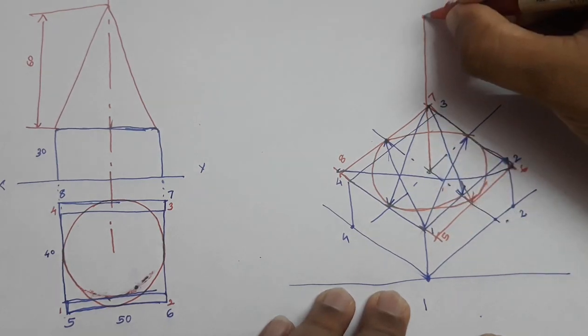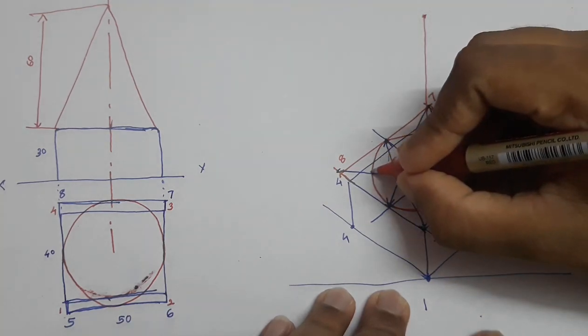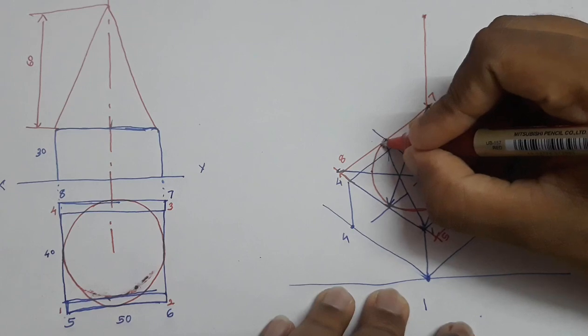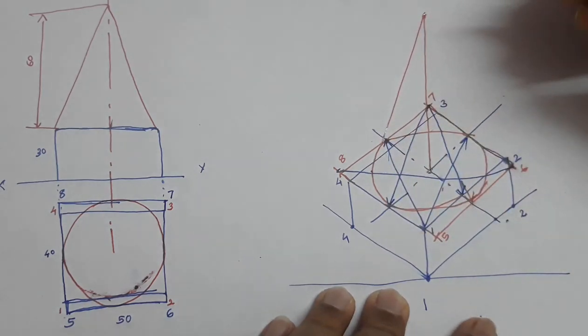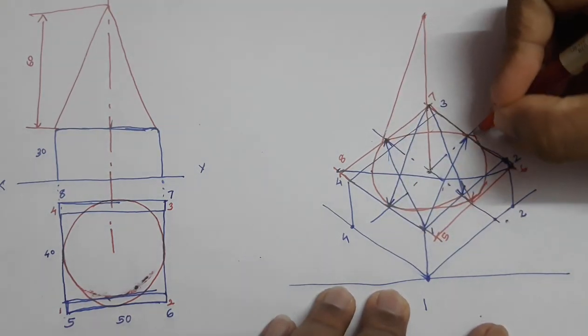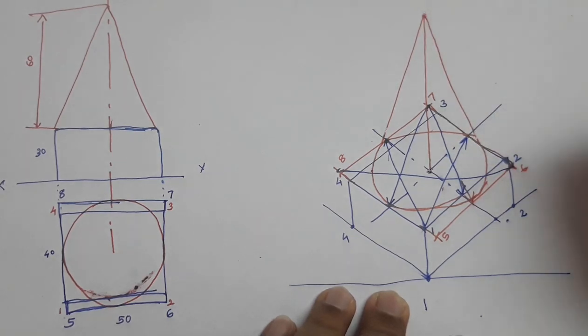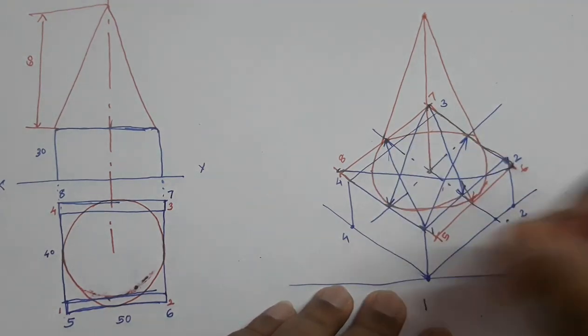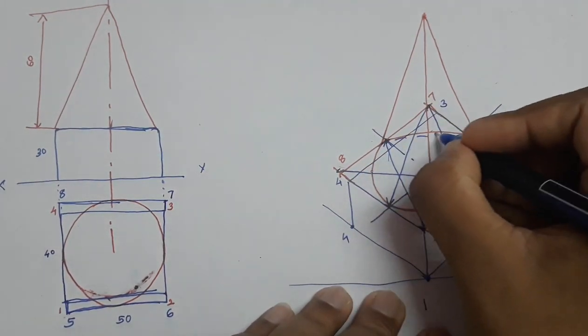The length is the height of the cone. You have to take 60 mm, and then you have to find the end point, that is touching the line 7, 8 and join it towards this. The end point that is touching the line 2, 3 and join it towards it. So this is the complete answer, and you know that this line is invisible.